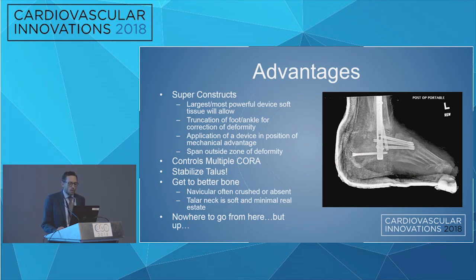So this is what we're really talking about here today: an evolution of the superconstruct. I think most people who do Charcot surgery are familiar with this idea from Sammarco. We're talking about truncation of the foot and ankle, the maximum amount of hardware that the soft tissue will allow, spanning outside the zone of deformity.